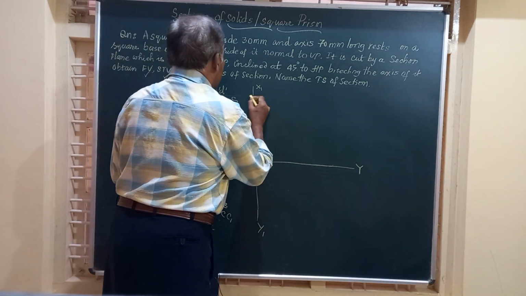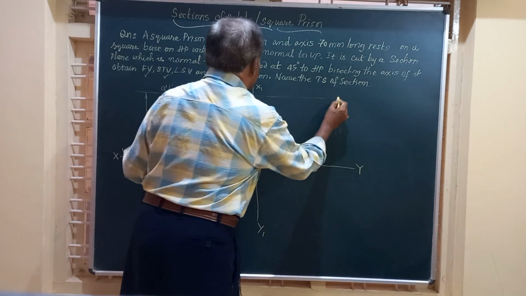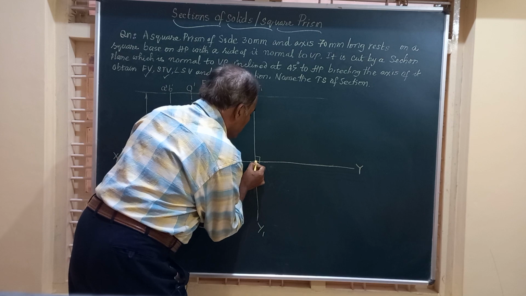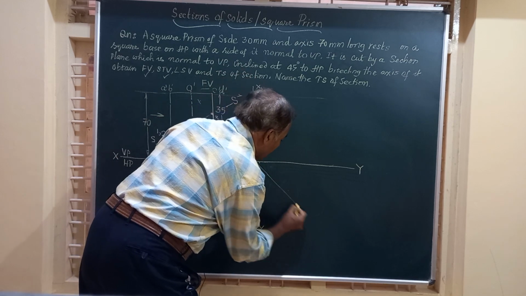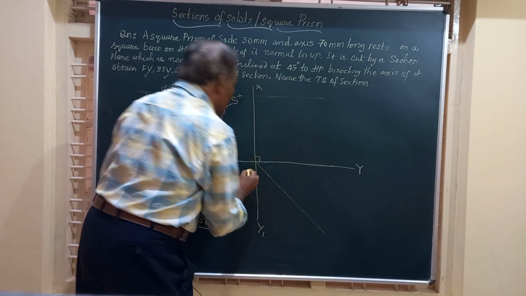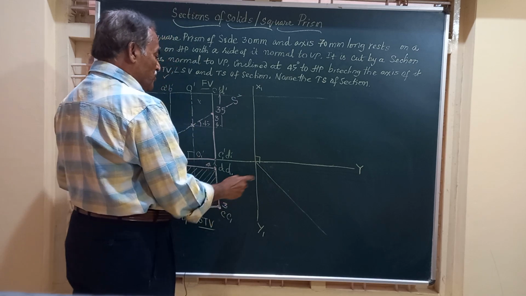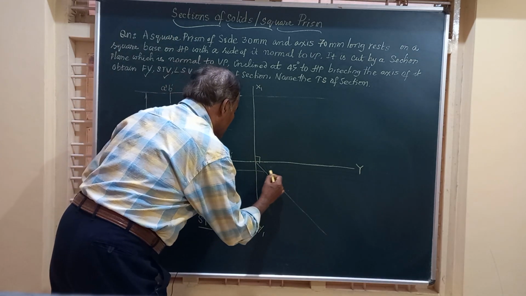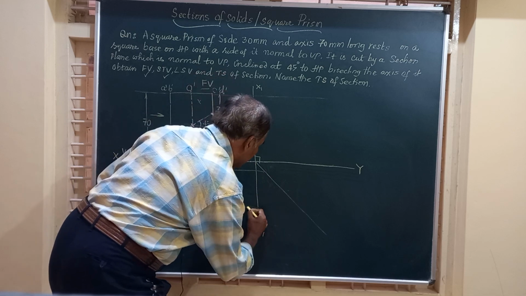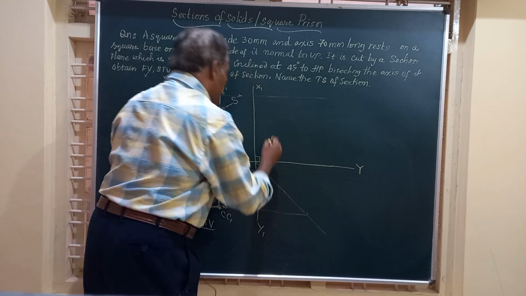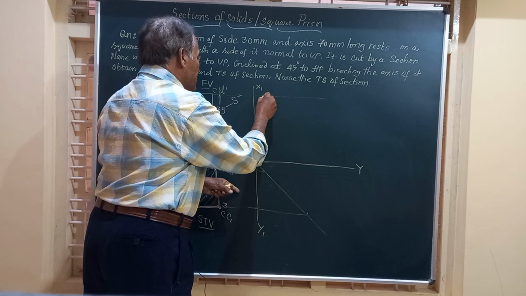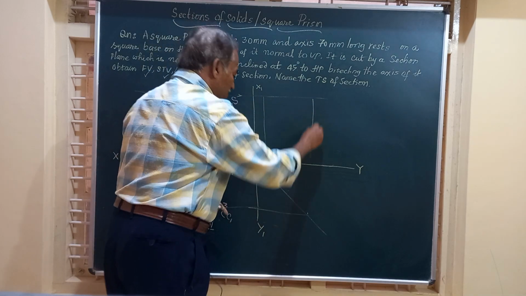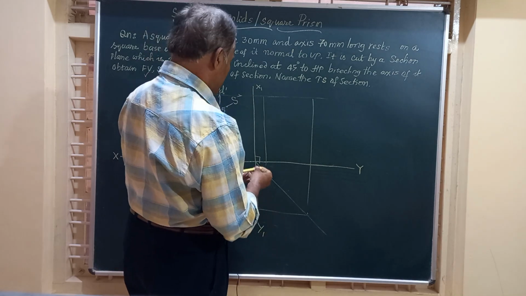So friends, I draw a horizontal line through this top end, and here I draw a line at an angle of 45 degrees to obtain the so-called end view. Friends, this will cut the 45-degree line here. So I am going to get vertical from here and get the side view of the object.